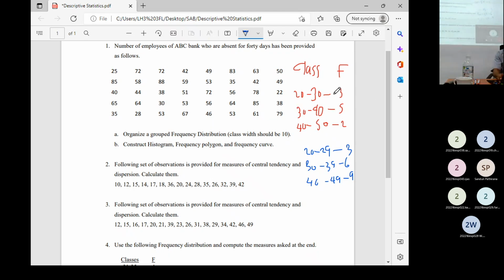Right, now we can practice an example here. Organize a group frequency distribution. Class width should be 10. Here, now for this data we practice. I start, right, for this data.